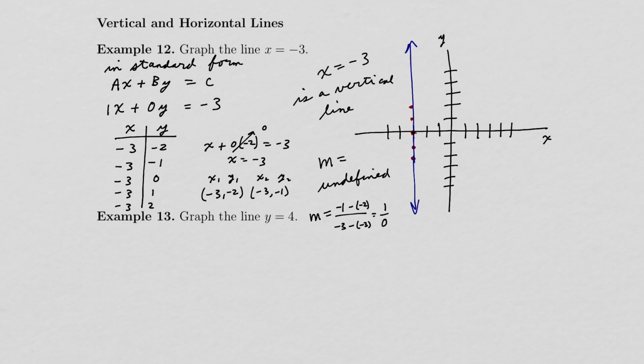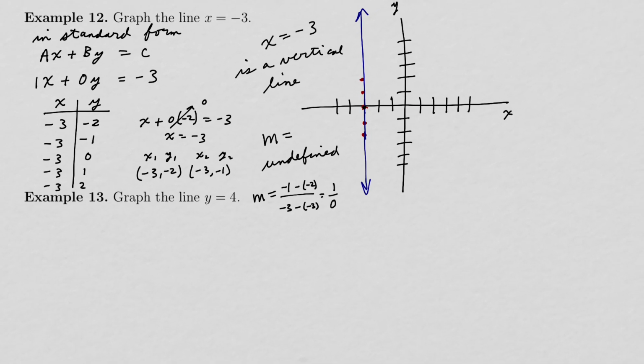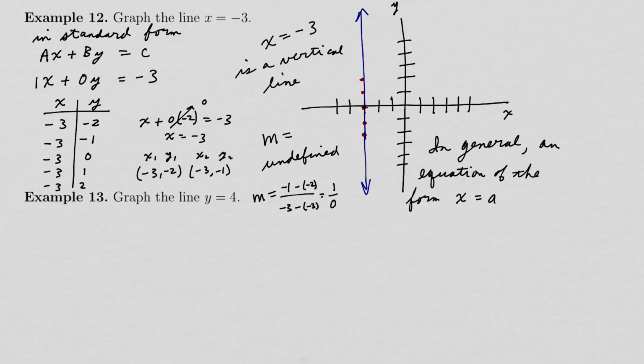So what this is telling us is, in general, and I'll write this out over here, an equation of the form x equals a, so x equals a constant, which is what we had, right? Remember we had x equals negative 3, so a is negative 3, just some constant.